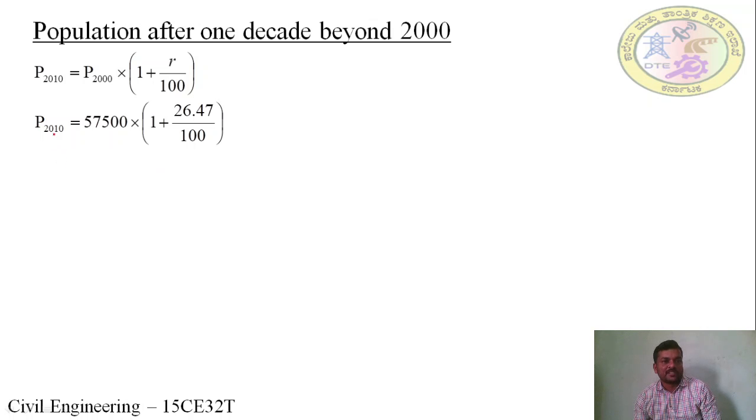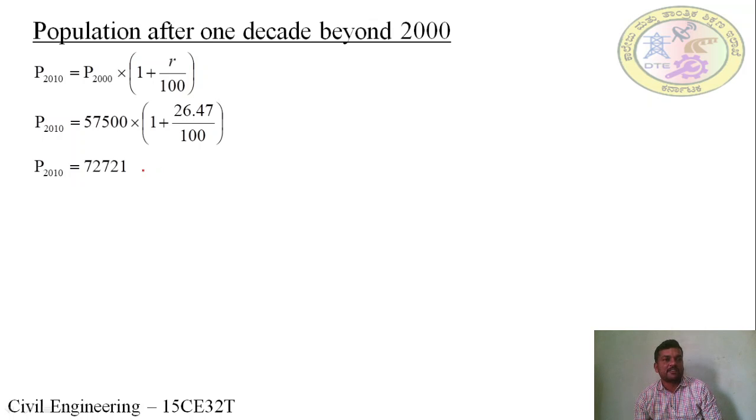So the population for the year 2000 is already given in the problem. It is 57,500. R is the percentage increase in population per decade, which we have already calculated in the last slide, is 26.47. So after substituting this value, we will get the population for the year 2010 as 72,721.